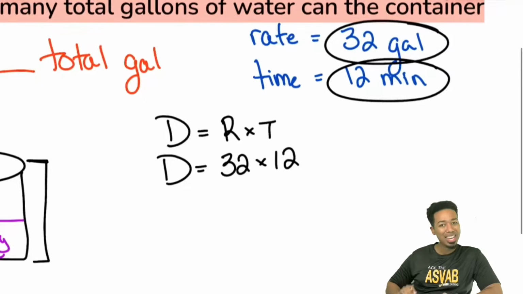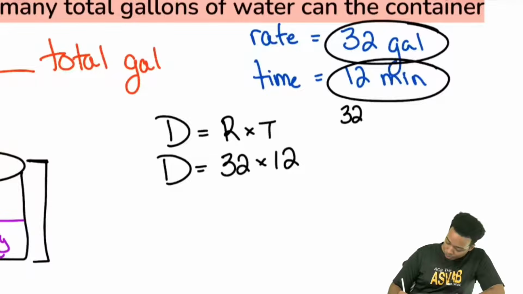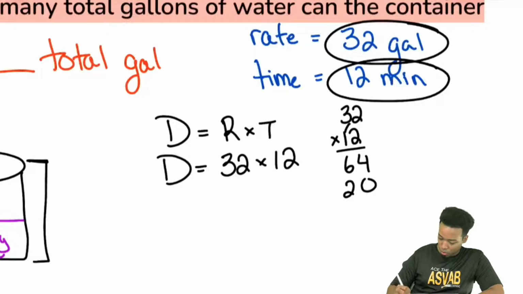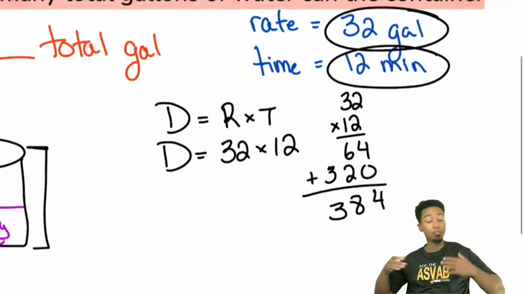If I did that with all the carefree attitude in the world, 32 times 12: 2 times 2 is 4, 3 times 2 is 6. Next line, 2 times 1 is 2, then 3 times 1 is 3. I'll add that together, and I get 384.